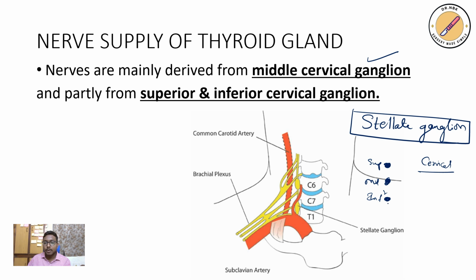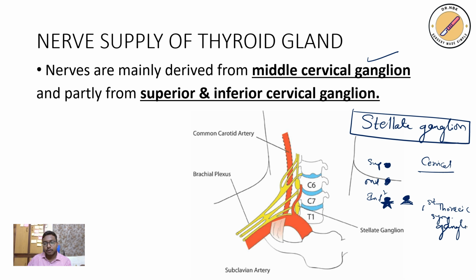Now, in the majority of patients, the inferior cervical ganglion will fuse with the first thoracic ganglion, and it will form a star-shaped ganglion like this. So it is a fusion of the inferior cervical ganglion along with the first thoracic sympathetic ganglion.